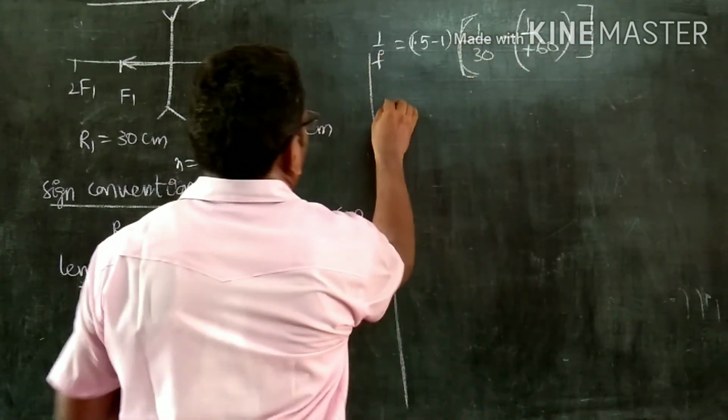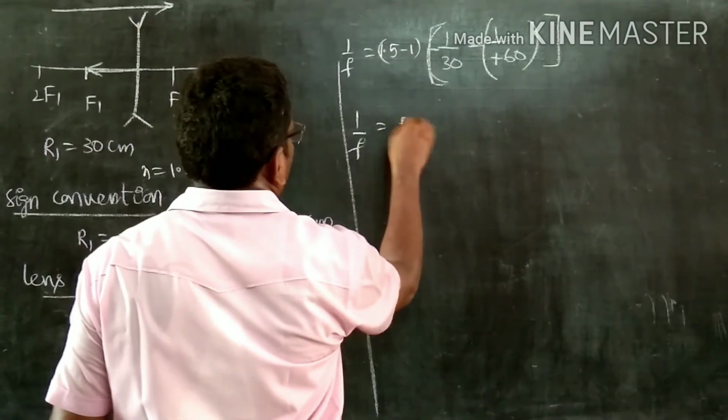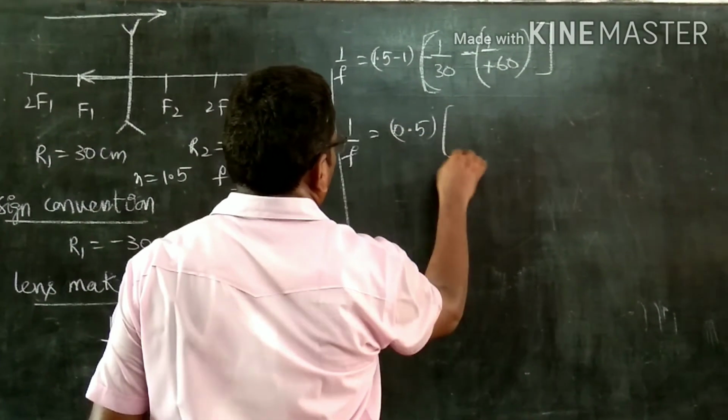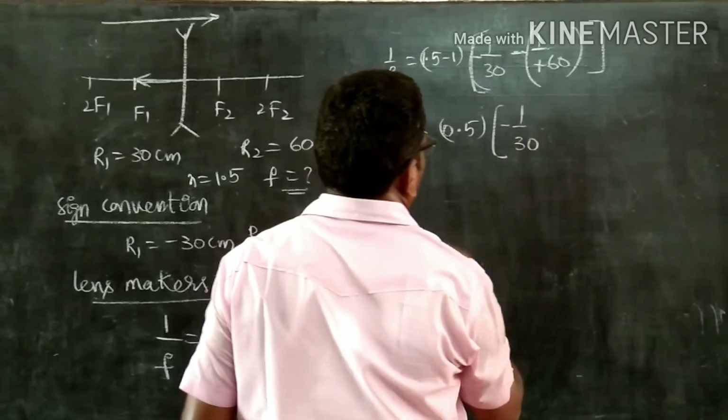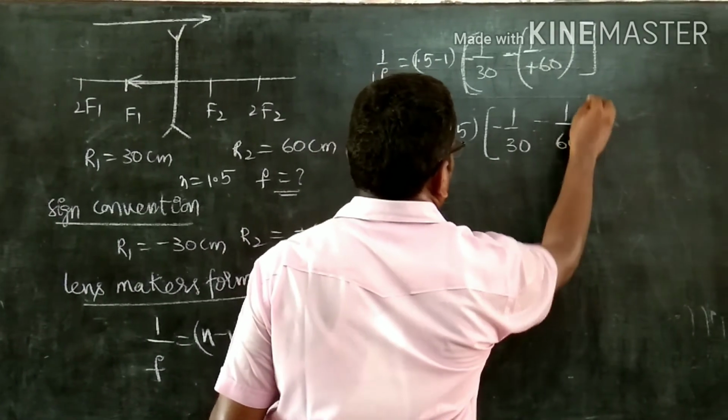Now the total bracket, now 1 by f is equal to, this value becomes 0.5, now minus 1 by 30, here also it becomes minus 1 by 60.